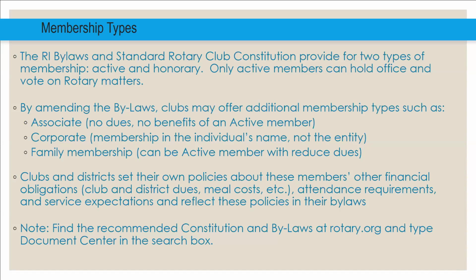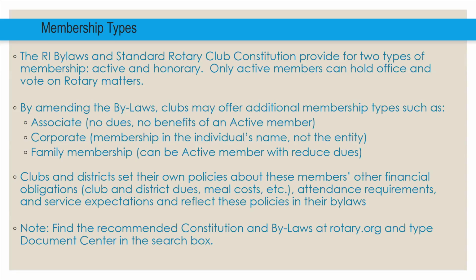Corporate membership is when you have a business and say they have 3 people and they alternate, so it's different people being the active member at different times. Then you would just put one name in there, and that's the one that gets billed, although the company is making the payment. So you can have different categories.